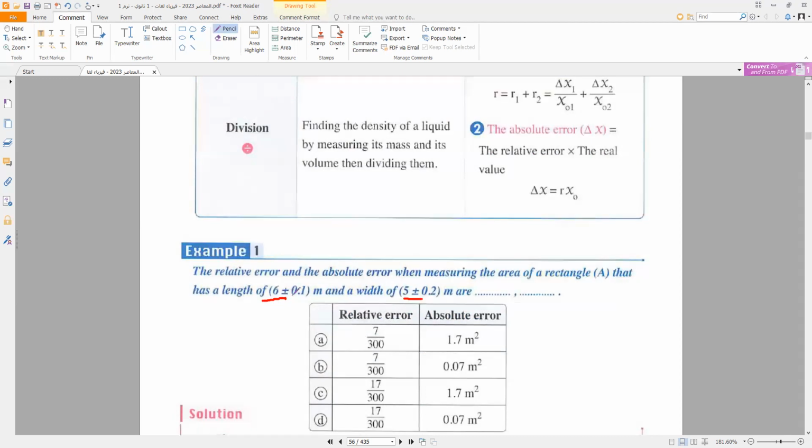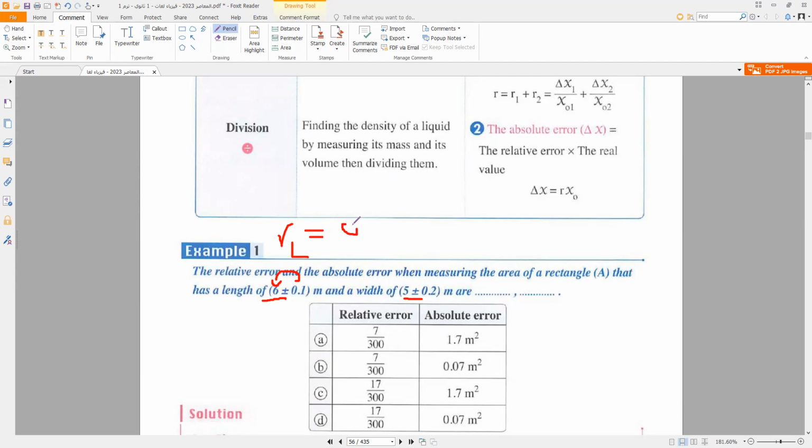You must calculate the relative error of length individually and the relative error of width individually, and add the two values. How? 0.1 over 6, this is the relative error of length.